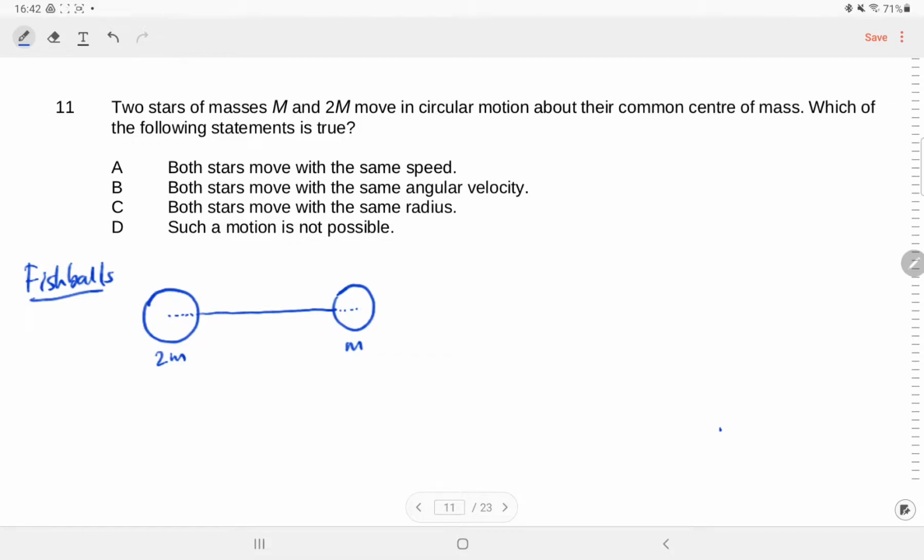Where must I pivot this system of satay stick and fish balls, such that the whole system stays balanced? With some idea of the moment, we can quickly deduce that we need to balance this closer to 2m, such that the moment due to 2m equals the moment due to m.